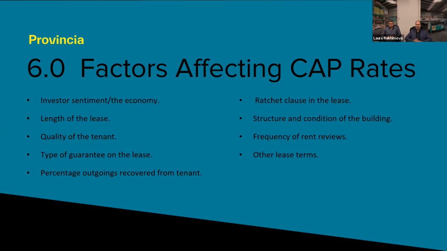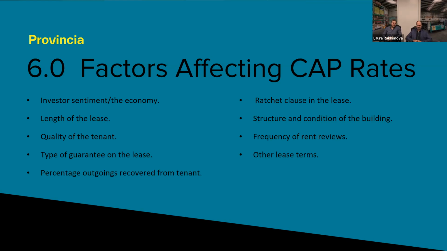So normally bigger companies like Mitre 10, Fletcher's, companies like that have big financial backers, and they're very unlikely to not pay the rent. Whereas if you've got a small or unknown tenant who's just a sole operator, there is a risk there that they might get in trouble and not have the finance behind them. So quality of the tenant's really important.